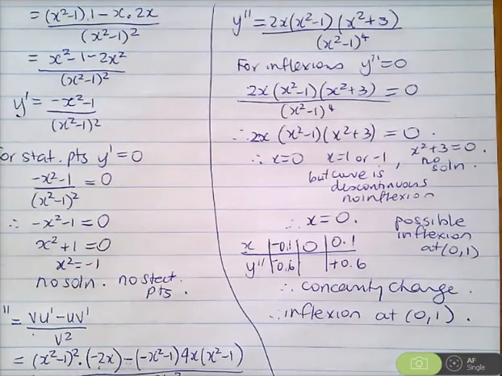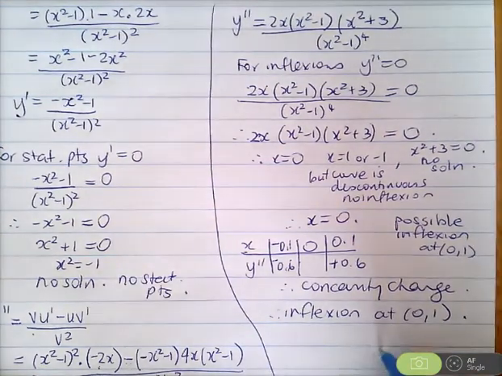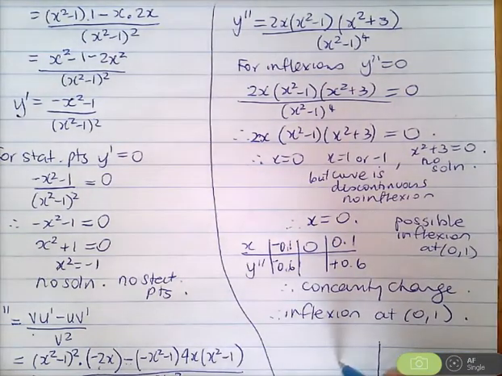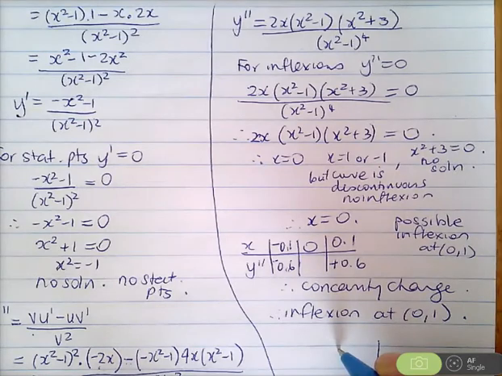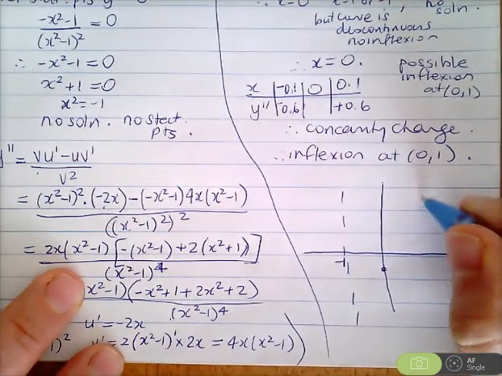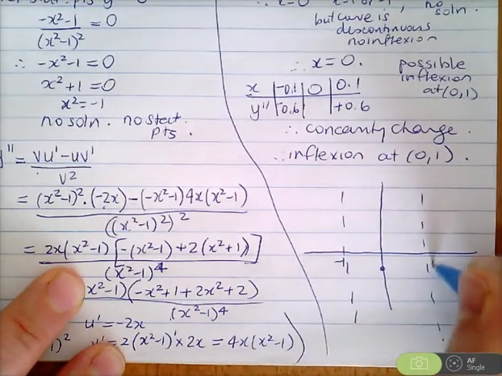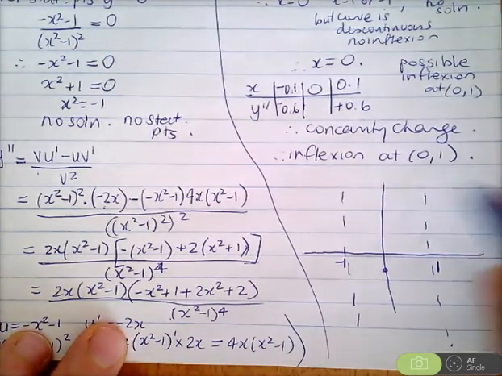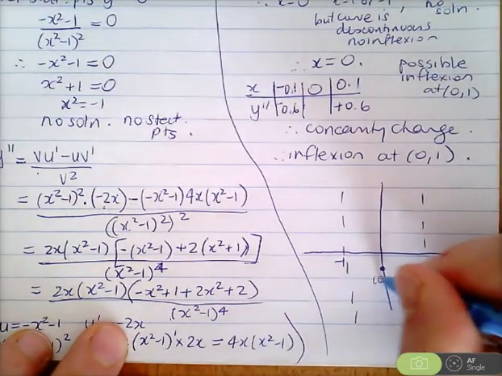So we've got no stationary points, and we've got an inflection at 0, 1, and we've got vertical asymptotes at negative 1 and positive 1. So we've got a vertical asymptote at negative 1 and a vertical asymptote at positive 1. And we know that we've got an inflection at 0, 1 here.